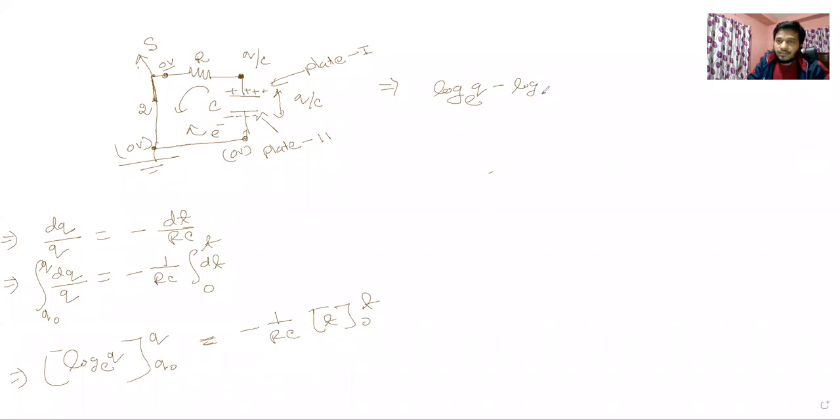Log e based q minus log e based q naught equals 1 upon RC times t minus 0, and it could be written as log of q by q naught equals minus t by RC, right? Then q by q naught equals what? E to the power minus t by RC, isn't it?